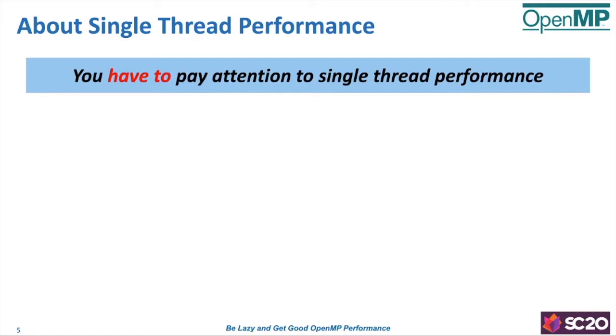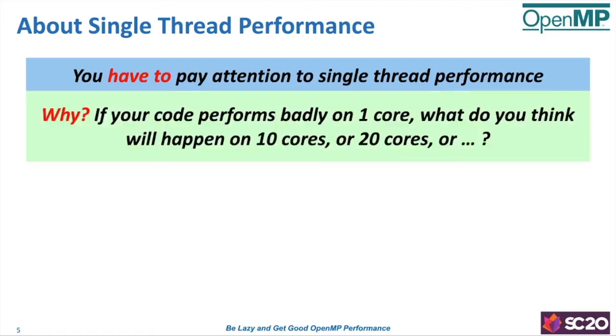It all starts with single thread performance. It's often overlooked, but you really have to pay attention to that. And the reason is very simple. What do you think? If your code performs badly on a single core, what do you think will happen on 10 or 20 or higher core counts? My claim is it'll get worse. And the reason is that very often poor performance on a single core means poor memory performance.